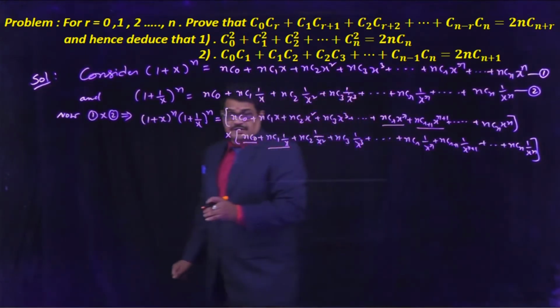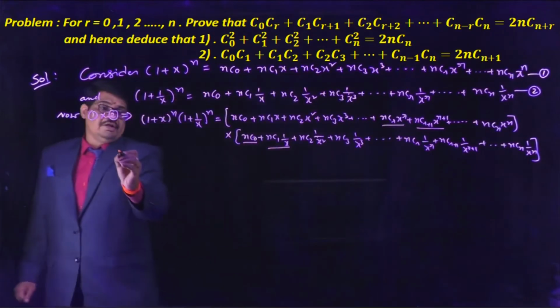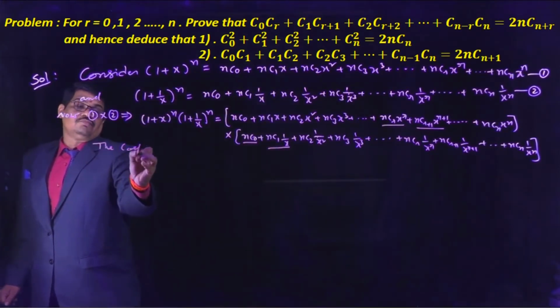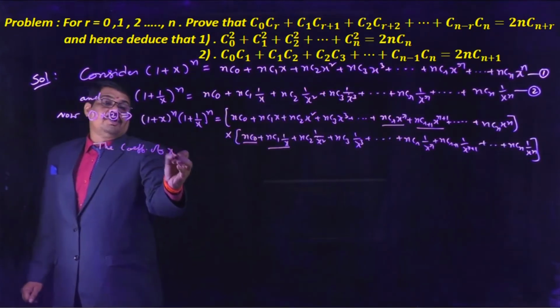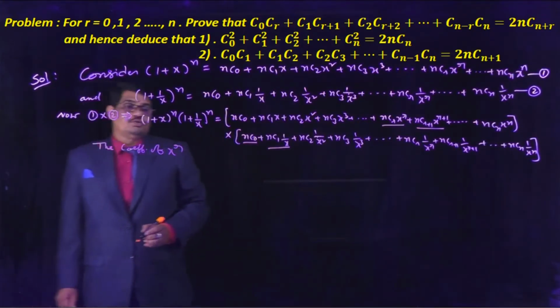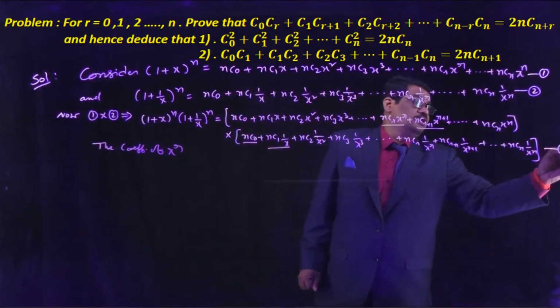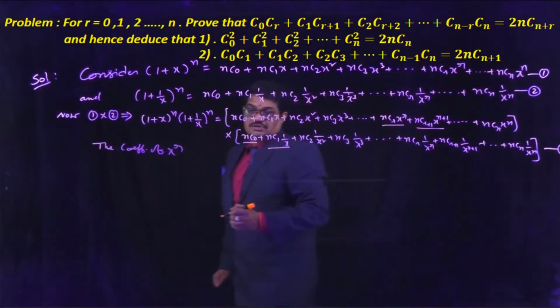Now we are writing the coefficient of x to the power of r. Say this is equation 3.